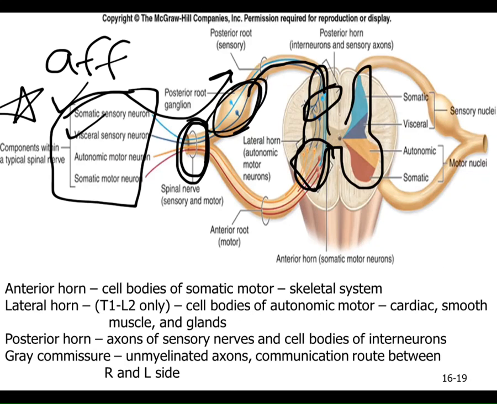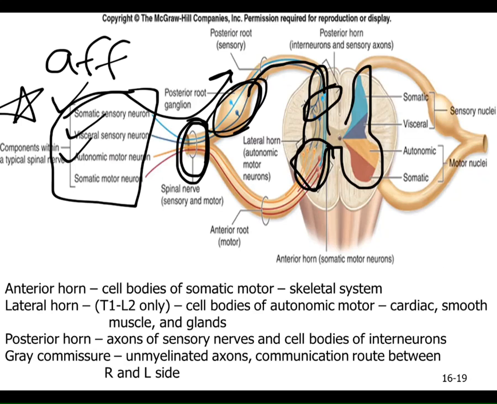And then it's going to synapse with the outgoing neurons, 2 types of motor neurons. The yellow ones are the autonomic motor neurons. Where are they going? Autonomic neurons are going to go to smooth muscle, cardiac muscle, or gland, things over which we have no direct voluntary control, automatic.